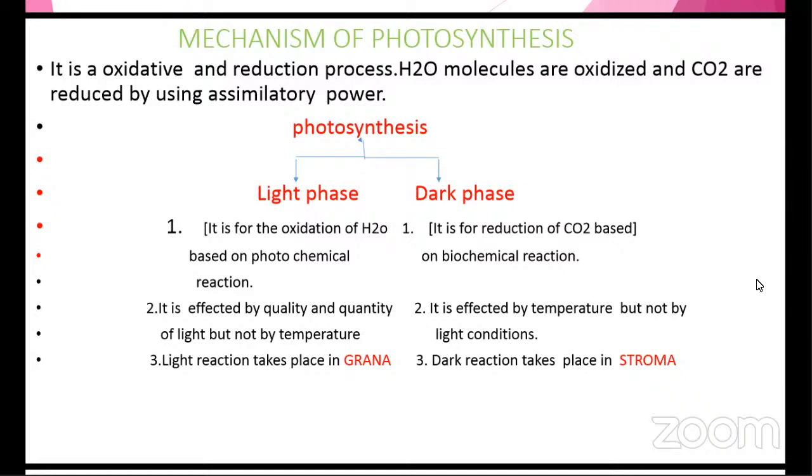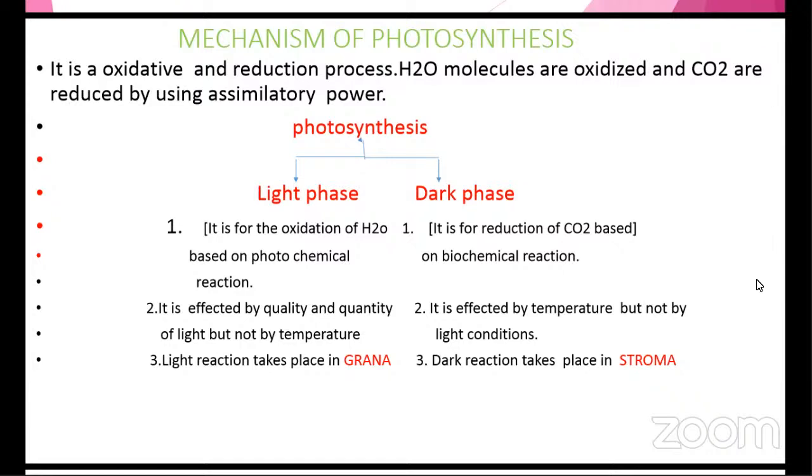Under the mechanism of photosynthesis, you have to remember two phases. That means the photosynthesis process is completed in two phases. One is the light phase, the other one is the dark phase. Once again, I'm repeating, the light phase is the first phase of photosynthesis, which takes place in the grana part of the chloroplast. What is grana? It's a stack of thylakoids.